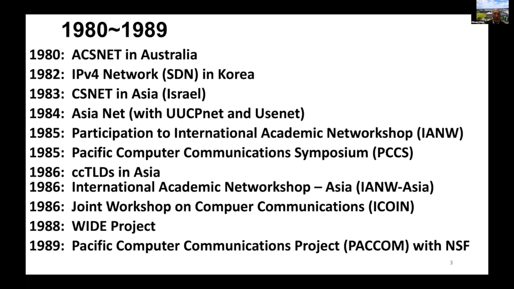Then the same year, we had the Pacific Computer Communication Symposium, PCCS. Again, this is part of ecosystem development. In order to develop a human network, I figured out that rather than sending several hundred Koreans overseas, we could invite several hundred people to Korea, so that many Koreans could meet them.